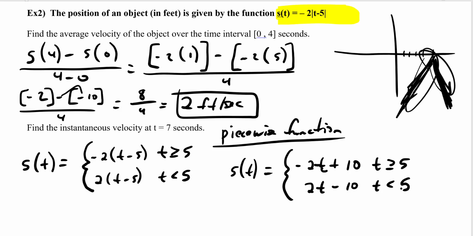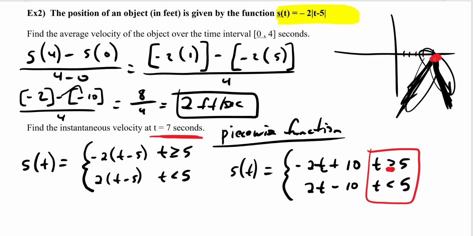Okay, now we're good to go, math fans, because here's the deal. I told you what's going on at t equals 7 seconds. Because you're like, well, which equation do I use? Remember, I'm using the slope. So you look at this guy right here, and you're like, oh, when t is greater than or equal to 5, and we actually ignore the equal to for this, because if it's equal to, you're at a corner, and there is no slope there.